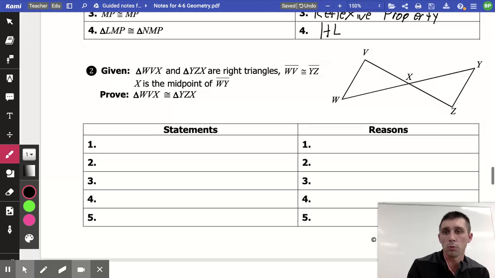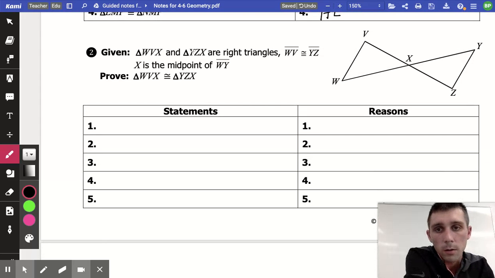Now, number 2, given. These are right triangles. W, V, X. So that means the right angle is right here at V. And Y, Z, X, which means it's right here at Z, the middle letter. WV is congruent to YZ. And X is the midpoint of WY.